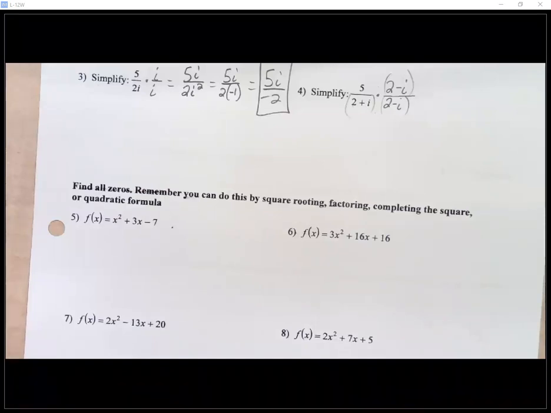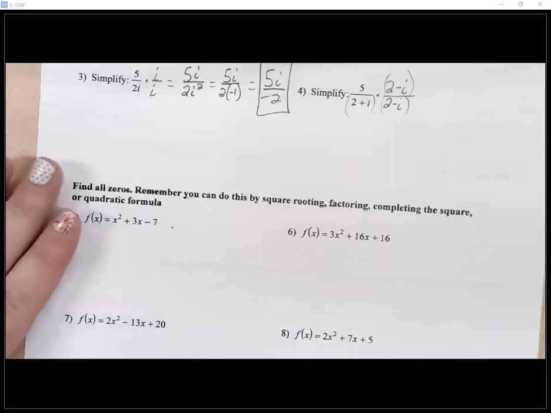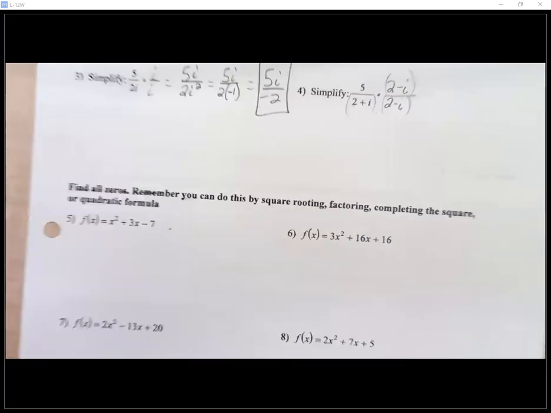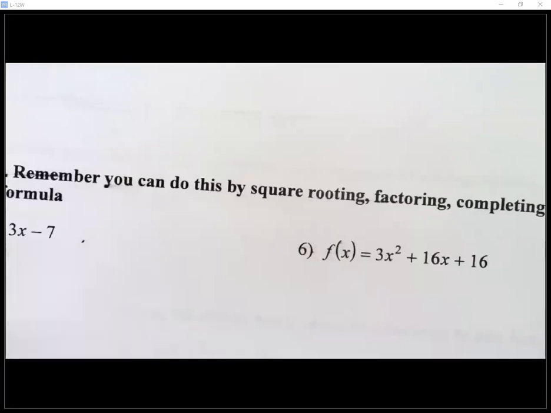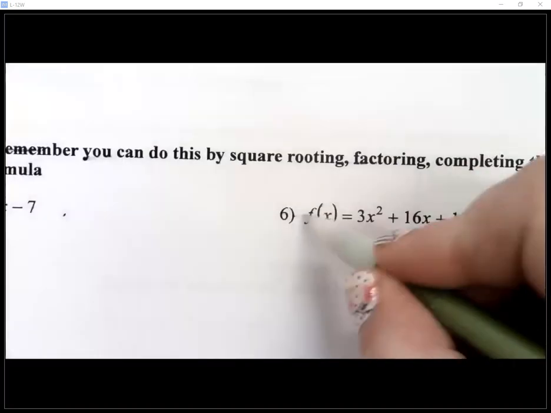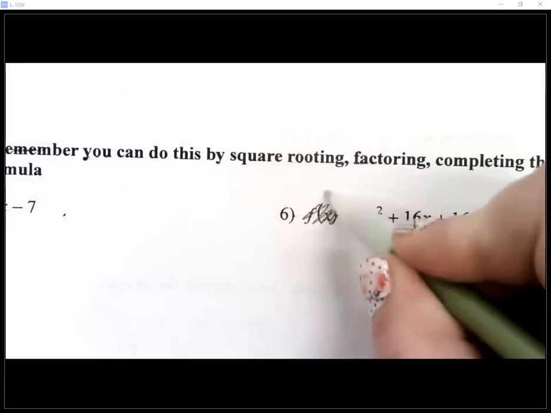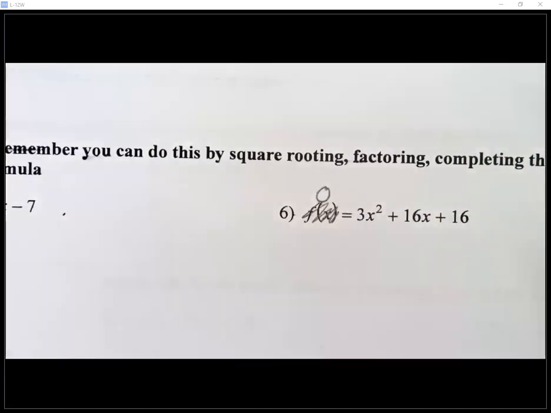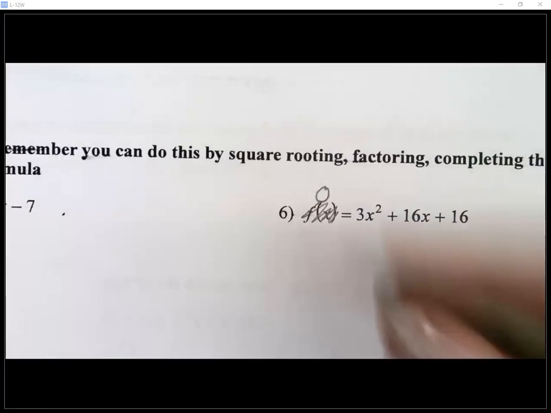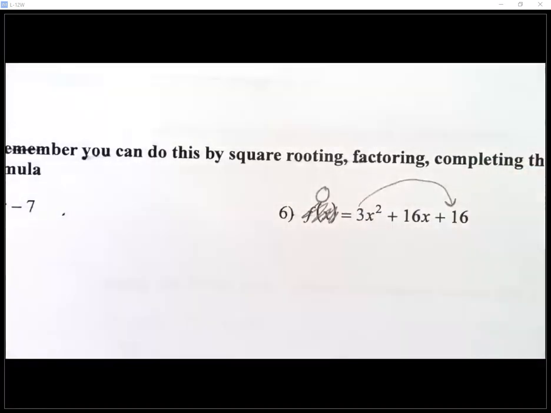Make sense? So, if I'm looking at number 6, remember that when you are finding zeros, you're just replacing y, in this case f of x, with a 0. So that's just a 0, no big deal. I am going to try and factor this and see if it is factorable. So how do I do that? I do a times c, 3 times 16.